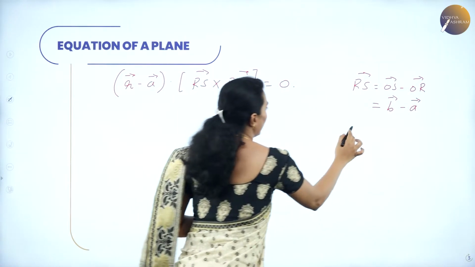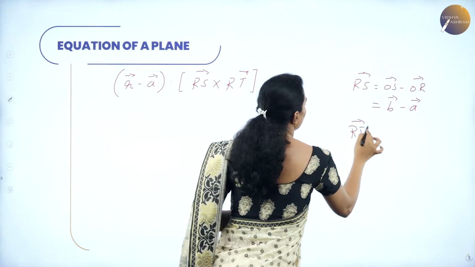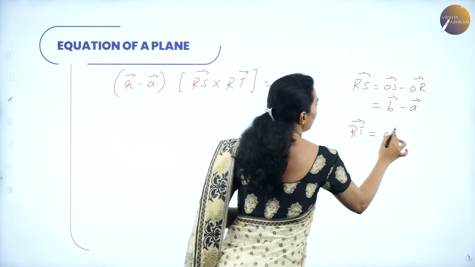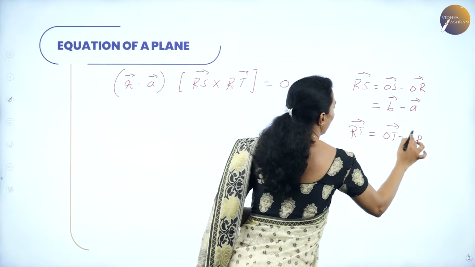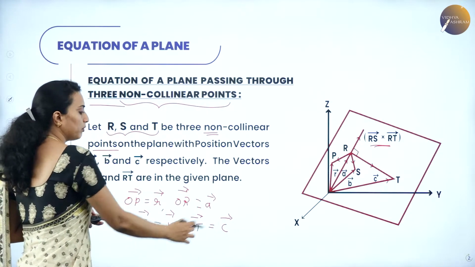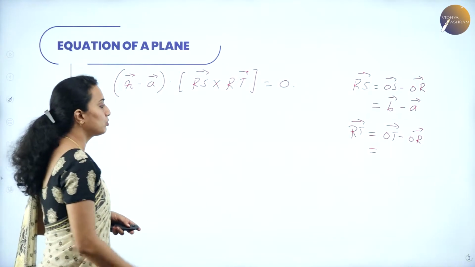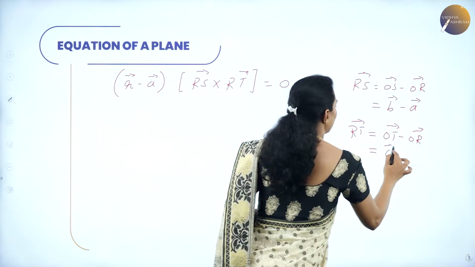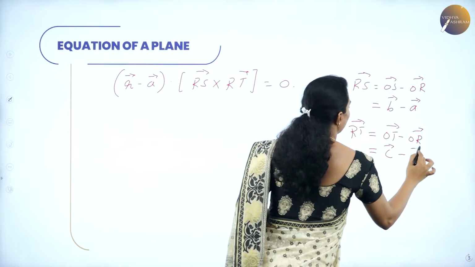Similarly, you can have RT vector equal to OT vector minus OR vector. Now, what is OT vector? OT vector is nothing but c vector. So c vector, and OR vector is a vector.